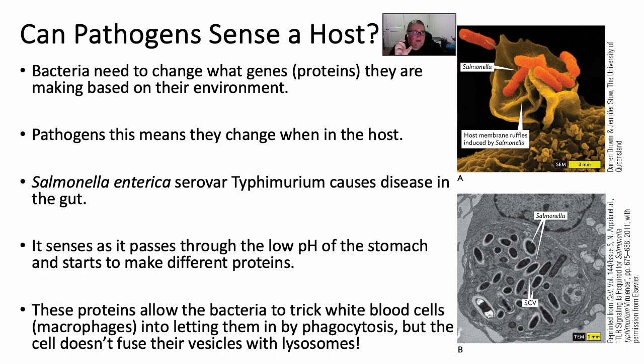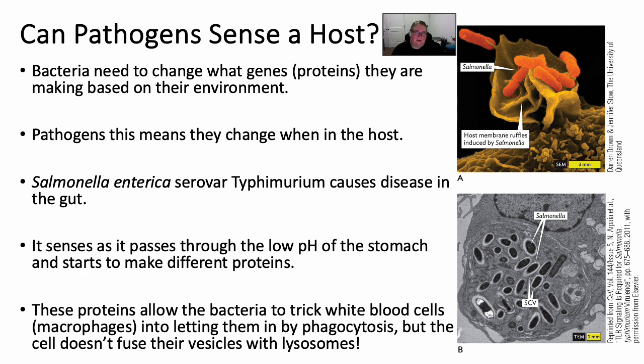Okay, so it's going to tell it not to merge that endosome with the lysosome, so they're not going to get digested. They're actually going to now have a nice little home that allows them to hide from the immune system and be in a good environment where they have plenty of nutrients, where they can grow and divide and cause infection and cause disease. Kind of cool, kind of scary.